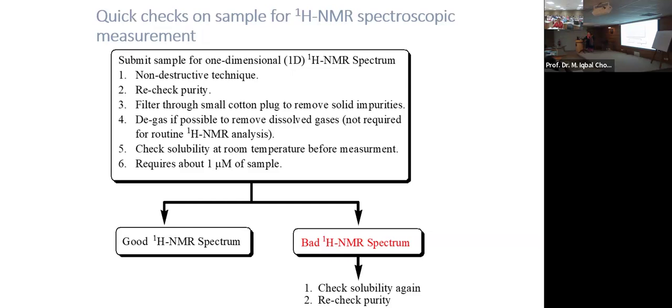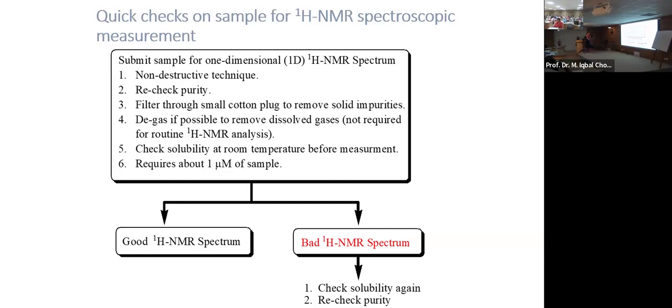A similar one-dimensional C13 spectrum requires overnight, at least 32 or 64,000 scans, versus only 16 scans for proton. So you can think about how sensitivity and the natural abundance of C13 matter.